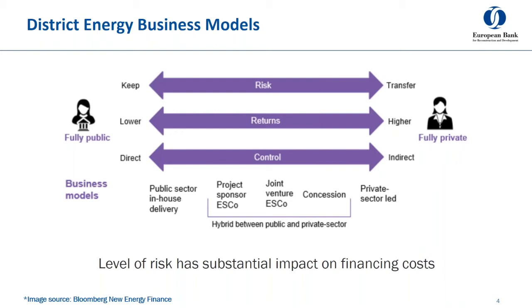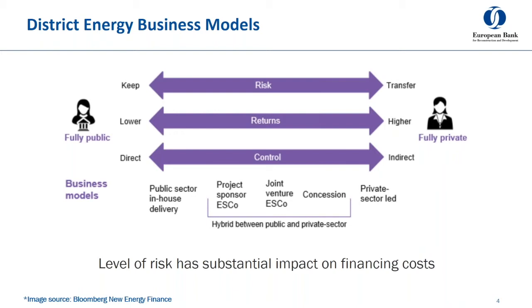And in the concession model, which is the most common form of what we would call a PPP, public-private partnership, the project sponsor, which is a public entity, makes what's called a concession agreement with a utility operator to build, own, operate, and at a later date, transfer that system back to public ownership. These are typically long-term agreements, and the risk and returns are normally fully transferred to the utility operator.